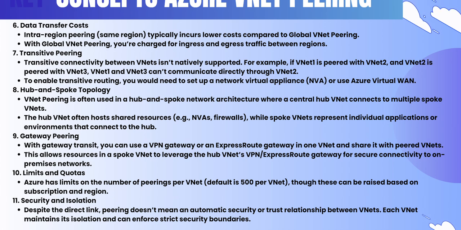It is non-transitive, as we have discussed. If network A is paired with network B, and network B is paired with network C, network A and C cannot communicate because it is non-transitive. The hub and spoke technology uses this peering vastly, and gateway peering is also possible to make multiple things communicate at a time, like a star or a mesh.